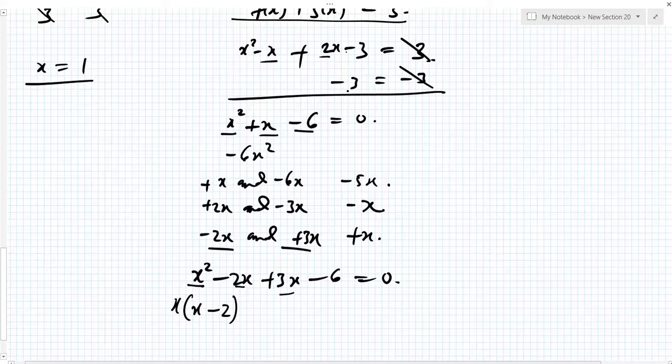What are the common factors of plus 3x and minus 6? Common factor is plus 3. So plus 3x divided by plus 3 will give you x. Minus 6 divided by plus 3 will give you minus 2 equal to 0.